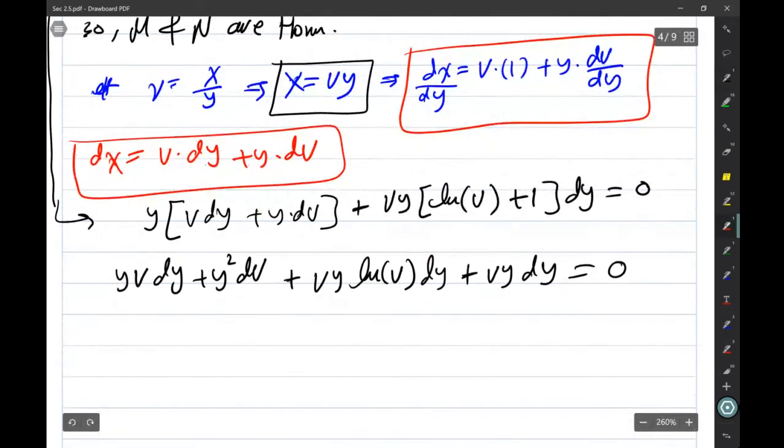Now everything multiplied by dy you have to collect together, and dv you have to leave separately on the other side.